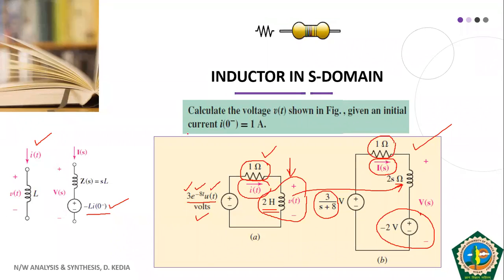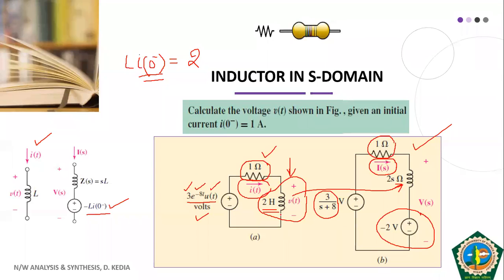So let us now try to find out the value of Li0 minus. The value of L is 2. Now we need to find out the value of I0 minus. So what will be the value of I0 minus?